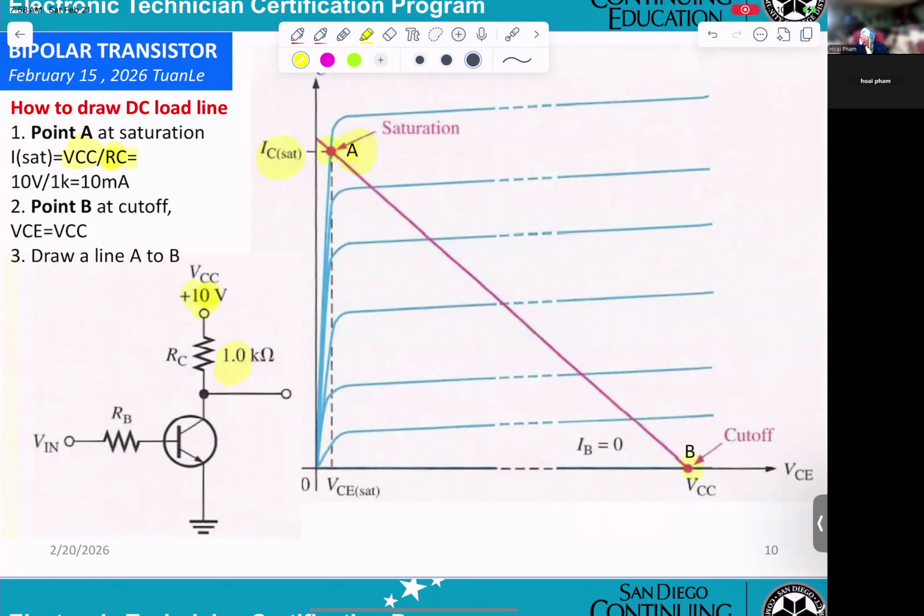And point B here. Point B at cutoff, VCE equals VCC, and VCC is 10 volt. So that will be 10 volt. And you draw the line. That's how you get the load line.